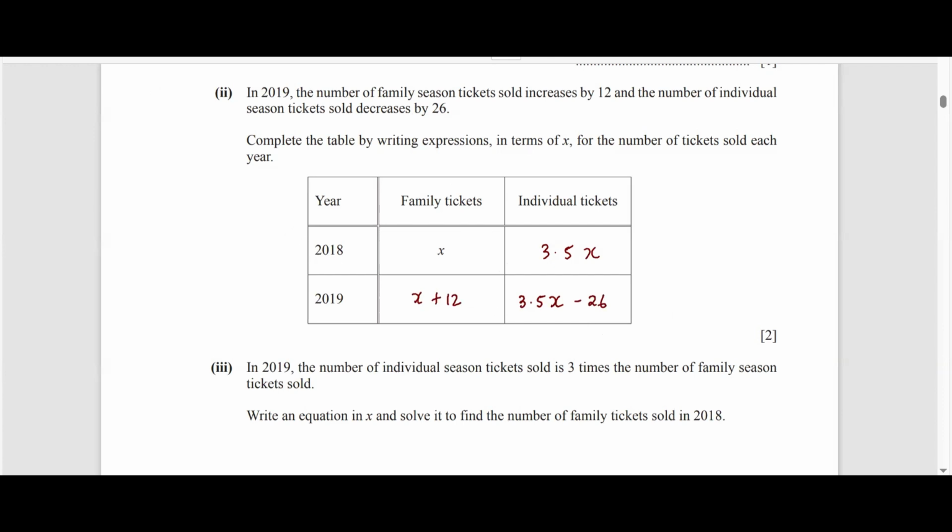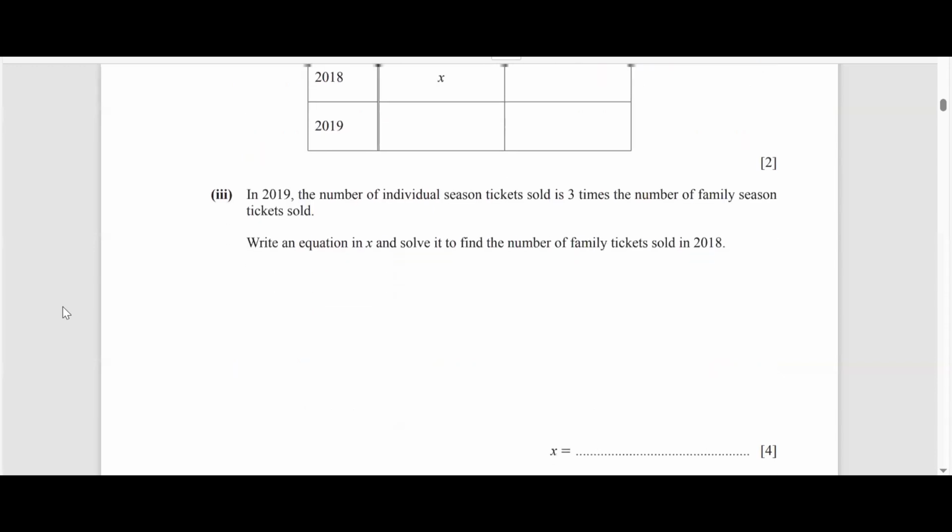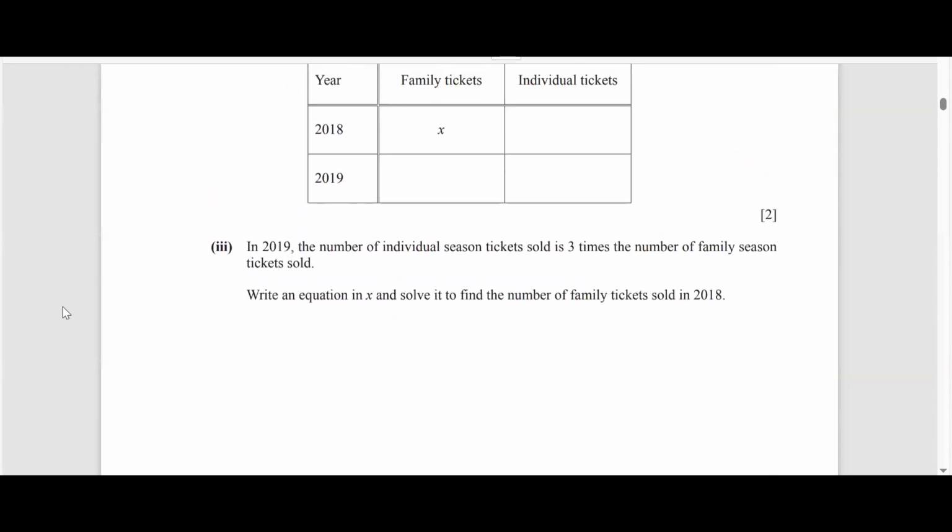So now we have the last subdivision. In 2019, the number of individual season tickets sold is 3 times the number of family season tickets sold. So in 2019, if you remember, this was X plus 12, and this was 3.5x minus 26.